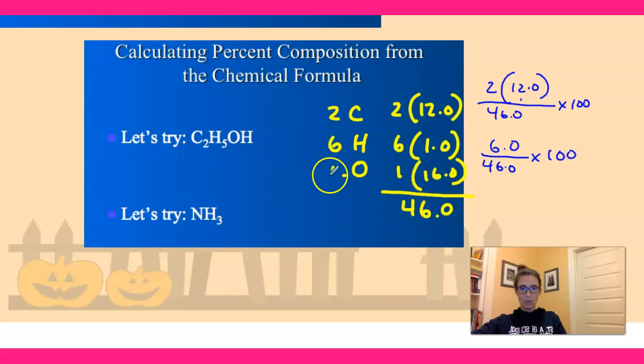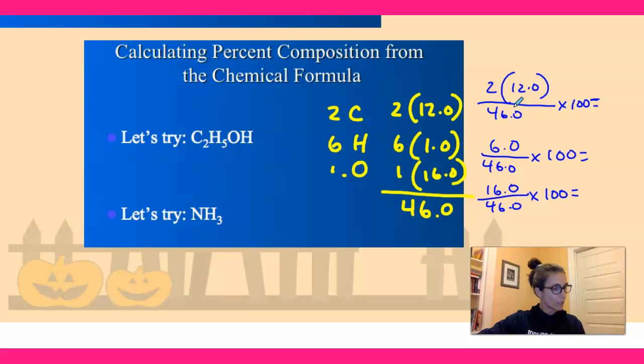Now we do the same thing for our O. So we have 1 times 16 divided by 46 times 100. What that's doing is letting us know what percent of this 46 grams per mole comes from each of those individual elements. Whatever mass came from carbon to be added together to end up in that 46, we want to figure out what percent that is.